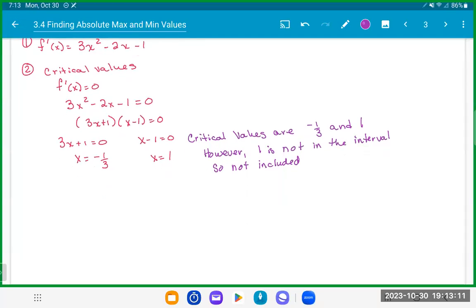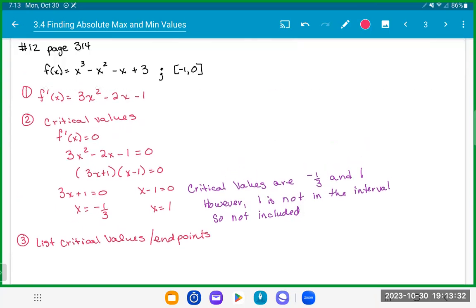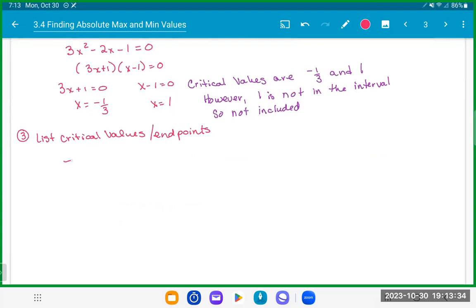Okay. So step 3 has us listing our critical values and endpoints. We know our endpoints are negative 1 and 0, and we want to fill in our critical values where they fall in between that, right?